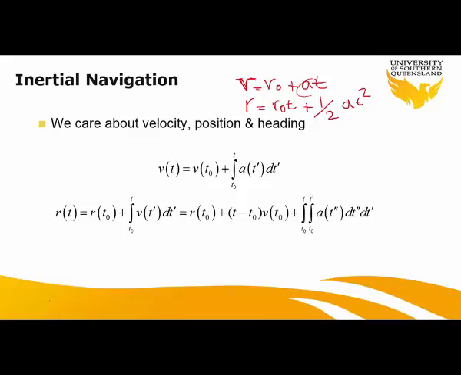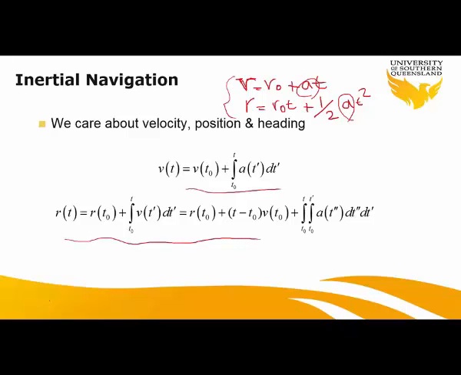This is in the case that your acceleration is constant, but in a real inertial navigation system there is no such thing as a constant acceleration. Acceleration is changing during the time. So we have to consider the time derivative of these two formulas, which can be written as these two.